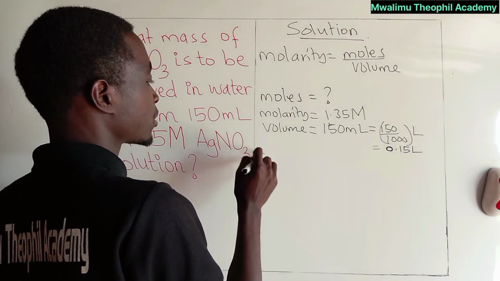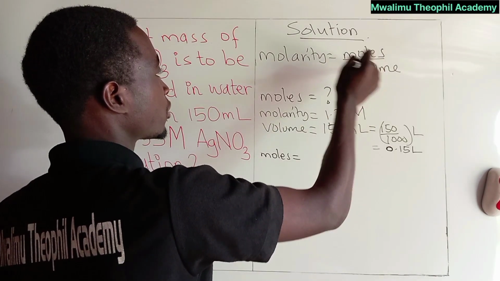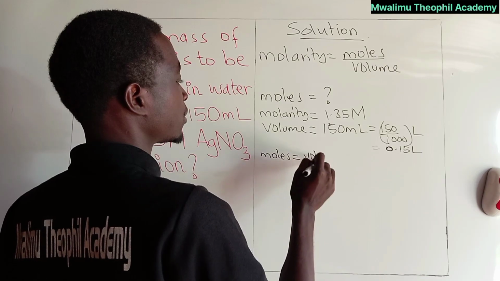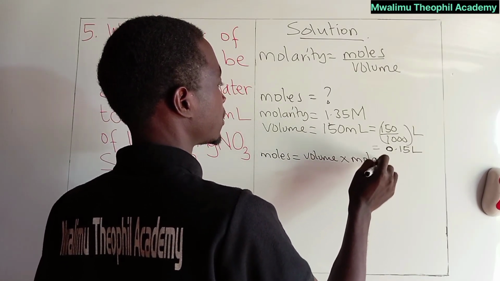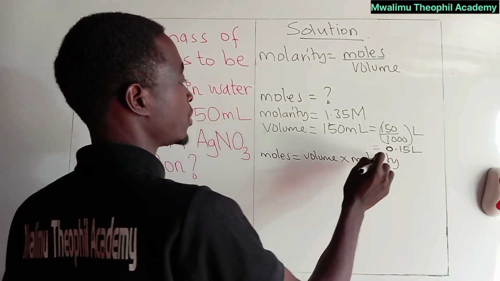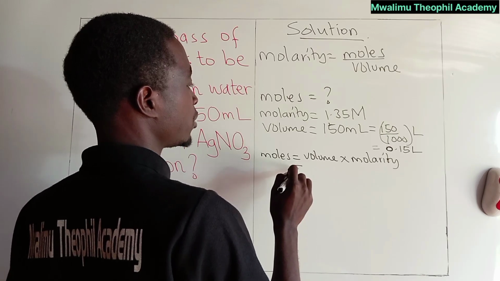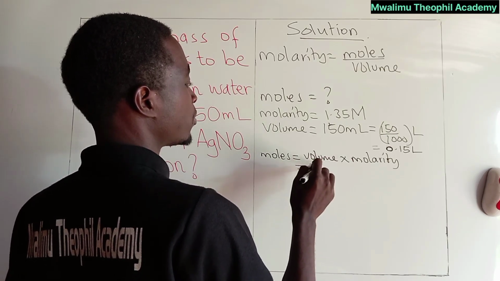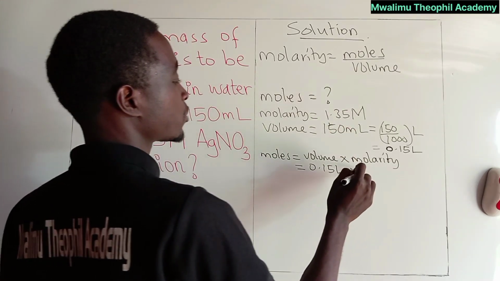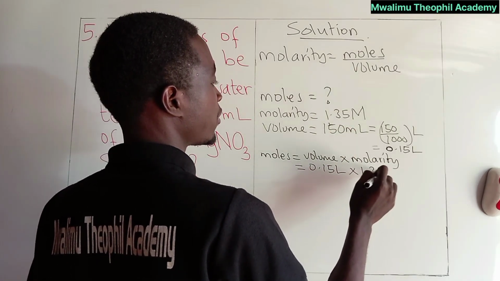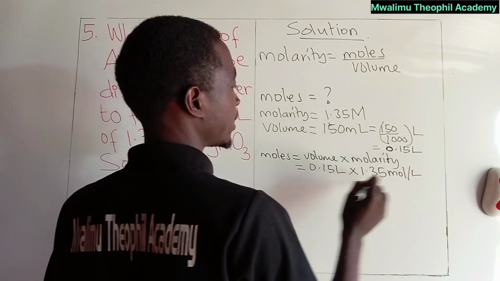So to get moles, number of moles is equal to volume times the molarity. This will be equal to the volume, 0.15 liters, times the molarity, which is 1.35 moles per liter.